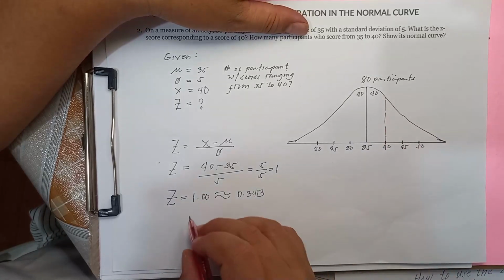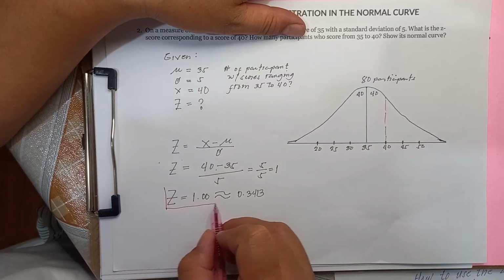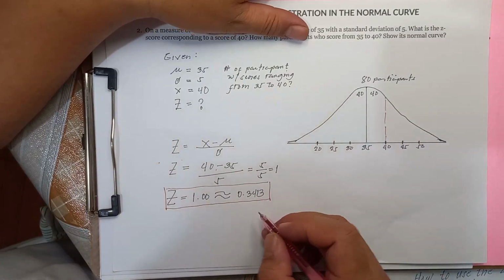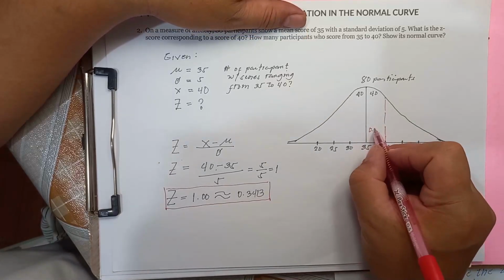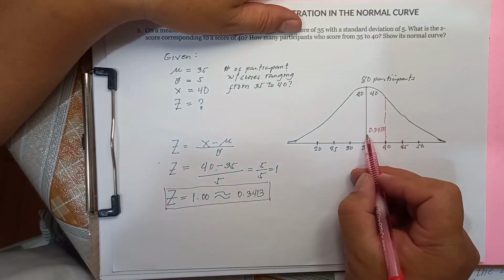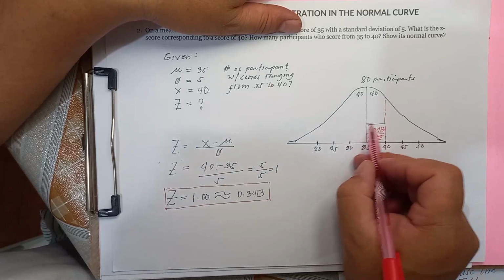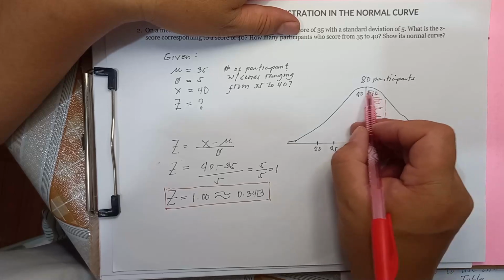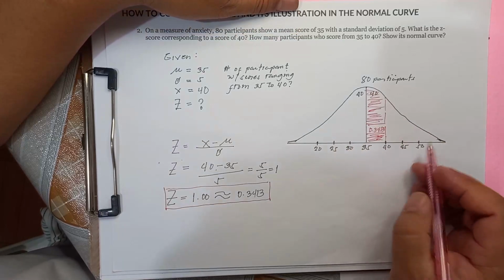Now, if our z-score is 1, its corresponding probability is 0.3413. So if we shade this, the 0.3413 is measured from the center going to 40, or from the mean going to 40.